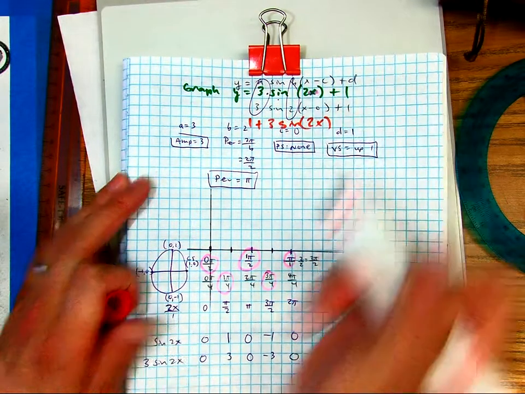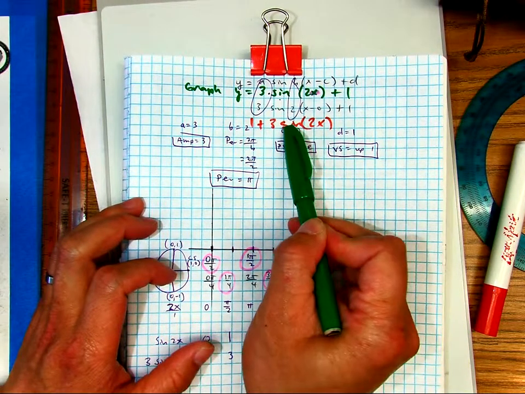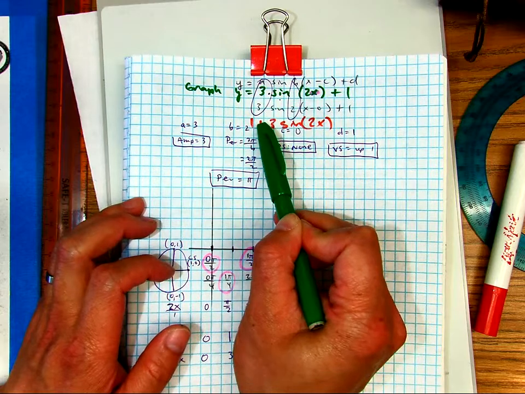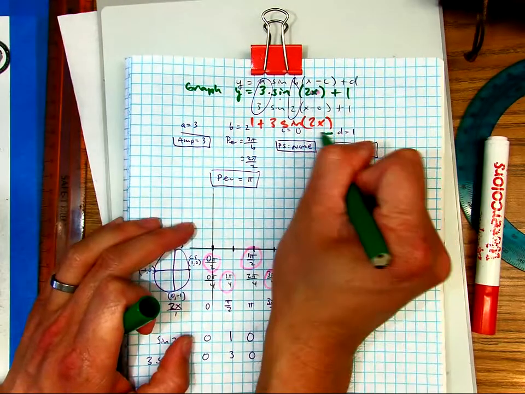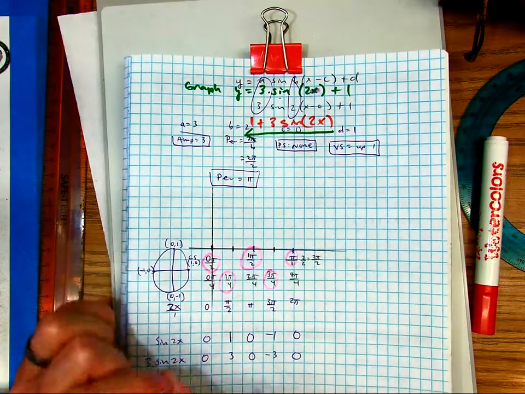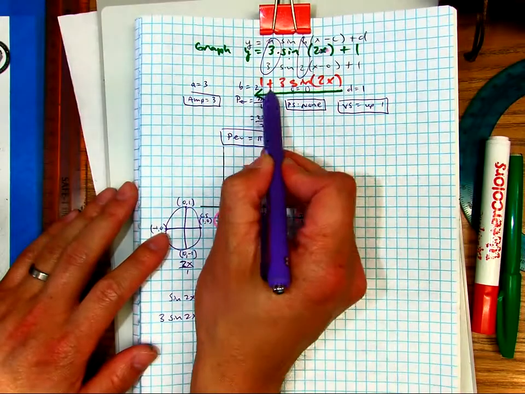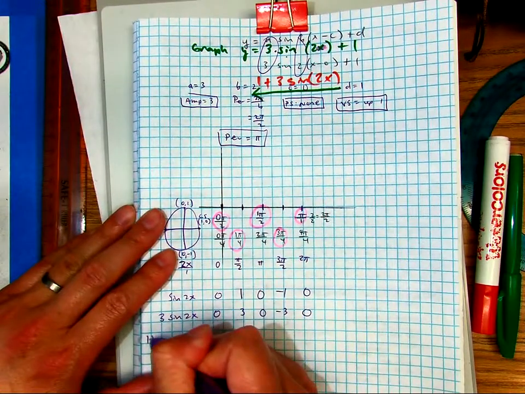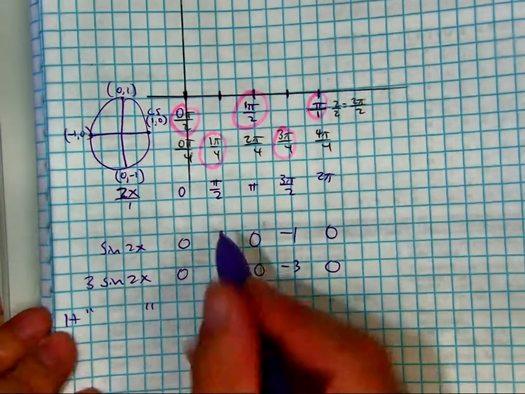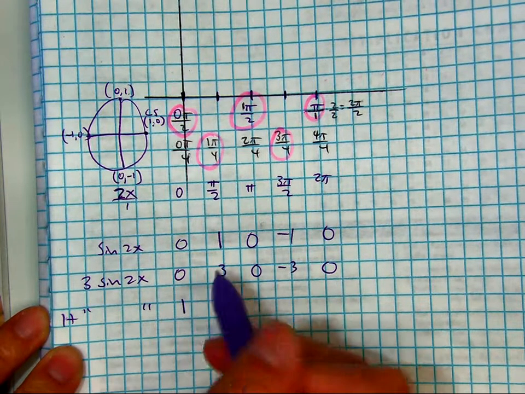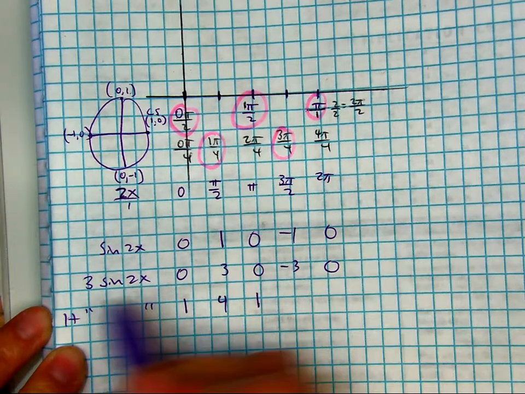We just multiplied by 3. Now we need to add 1. So in some ways, we're kind of going from right to left, or essentially the order of operations. So now I'm going to add 1. One plus 0 is 1, 1 plus 3 is 4. 1 plus 0 is 1. Okay, let's go ahead and graph that now.